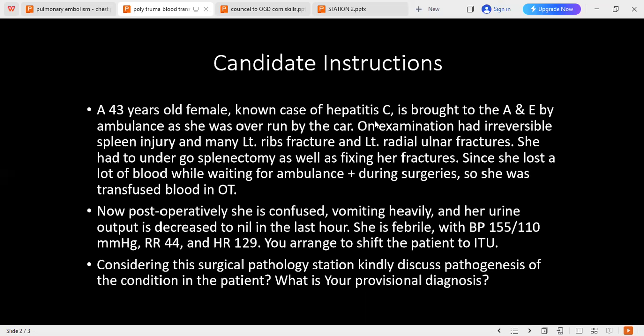How would you determine by doing a prothrombin test which pathway is involved? Prothrombin time will detect the extrinsic pathway and APTT the intrinsic pathway. Okay, right. Blood was transfused to the patient, right?